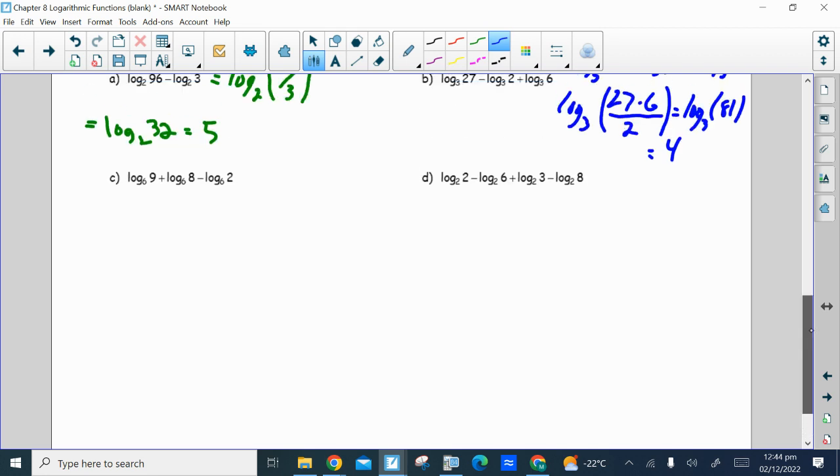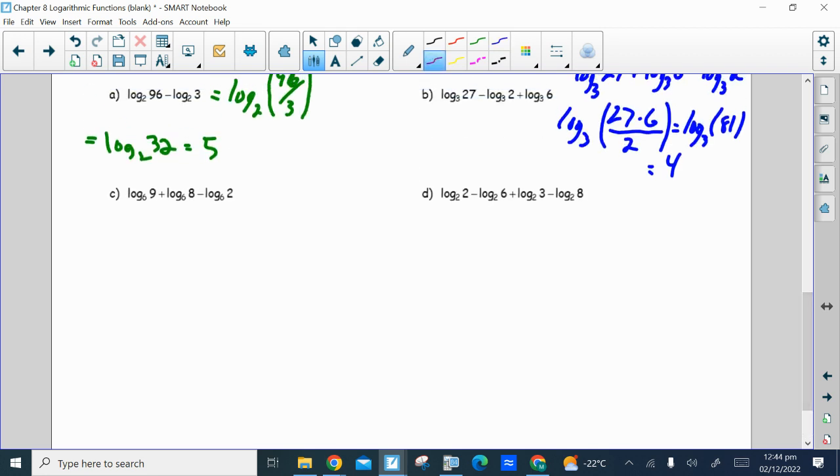Okay. So question C, you're adding and subtracting logs with the same base of 6, so we can combine them all together in one step. Log base 6 of 9 plus log base 6 of 8 will be log base 6 of 9 times 8, and because you're subtracting log base 6 of 2, then we would divide by 2.